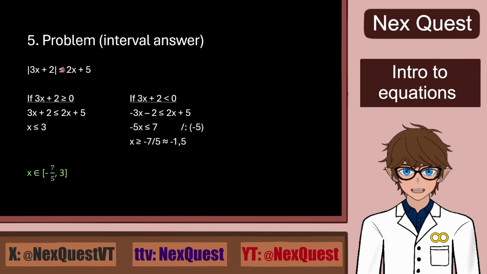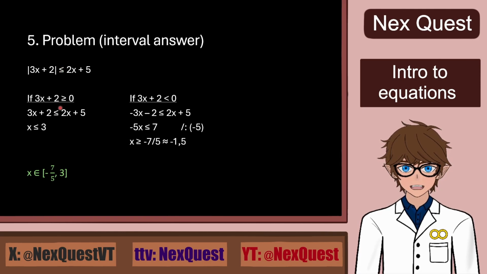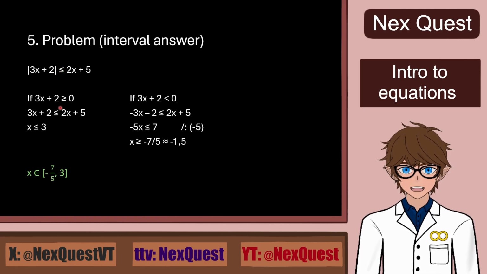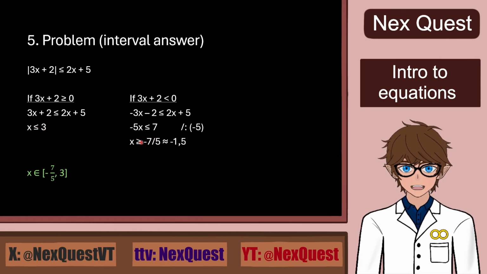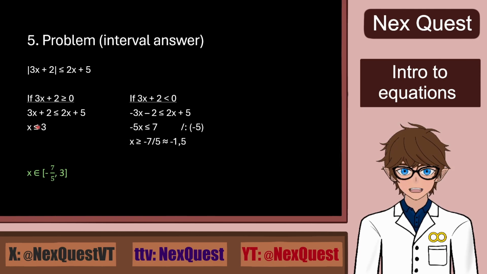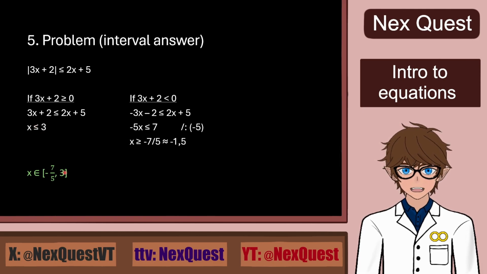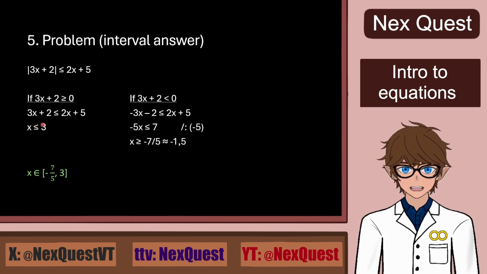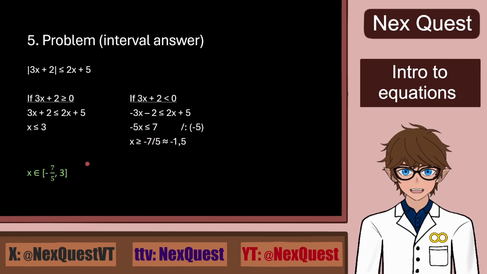Because x is less than, we take the intersection. So the intersection is between the lower of the two and the higher of the two. Since one of them is the bottom value and the other one is the top value, we go between these two. Anyway, we just see that one of the intervals is less than or equal to 3 and the other one is greater than or equal to minus 1.4.